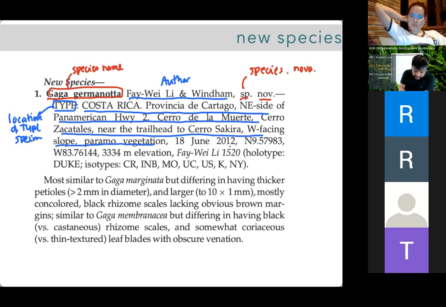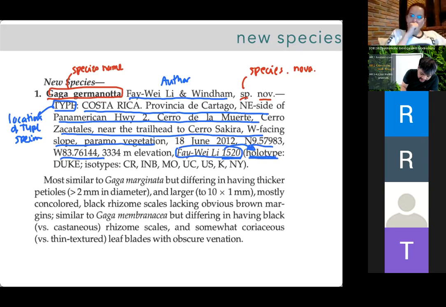That's the location, so you can go track down this fern there. That's a GPS location, and the number is Fairville number 1520, so you can go look up this specimen. This number is the holotype, and Duke here is the herbarium or museum where it is deposited.